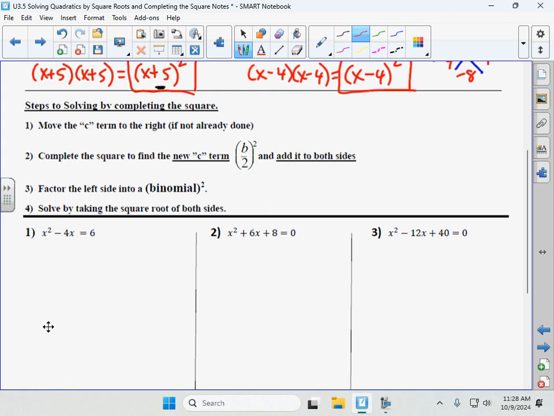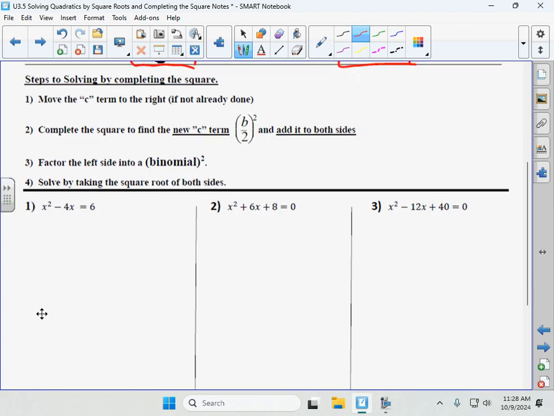We're going to add that number to both sides. Then we're going to factor the left side into a binomial squared. The right side will simplify if we can, and then we'll square root both sides. So once you've turned it into a binomial squared on step 3, the rest is using the square root method to solve.